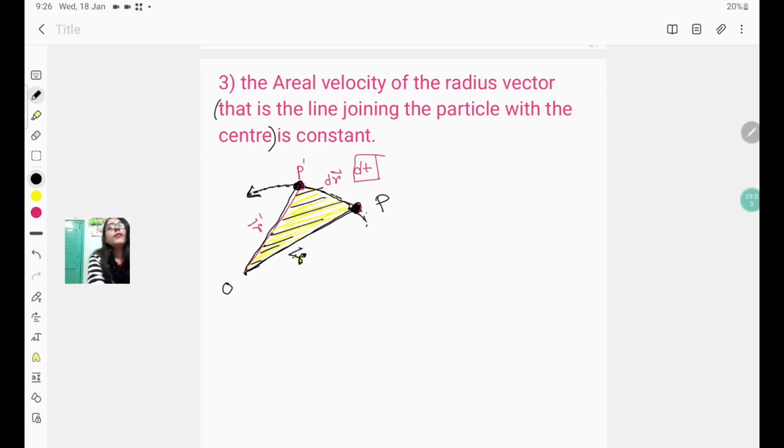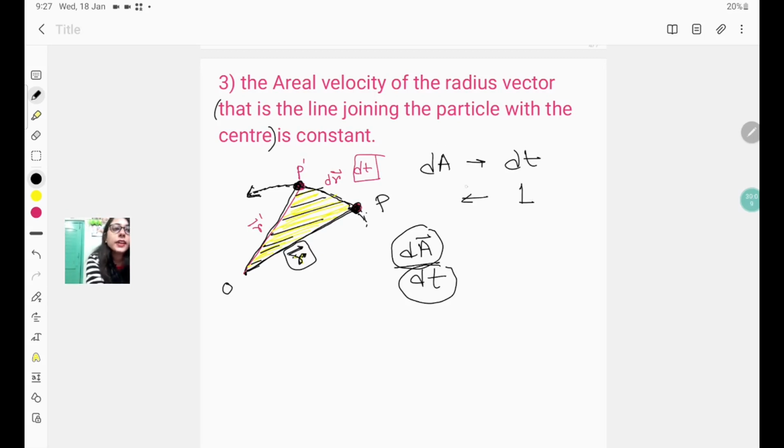So if the amount of area is dA, and the radius vector is sweeping out this area in time dt, then per unit time the amount of area the r vector sweeps out is dA by dt, right?